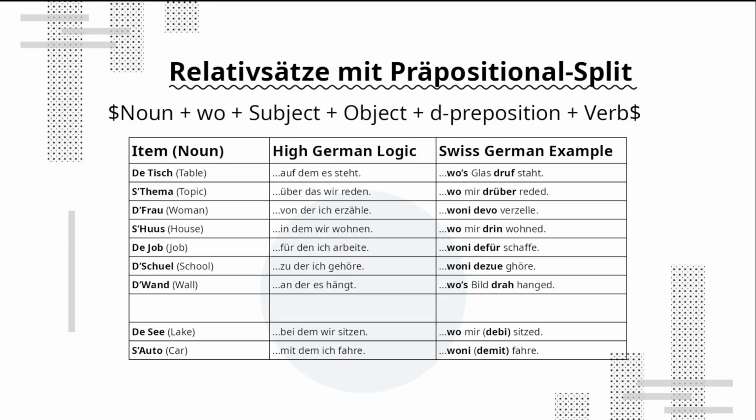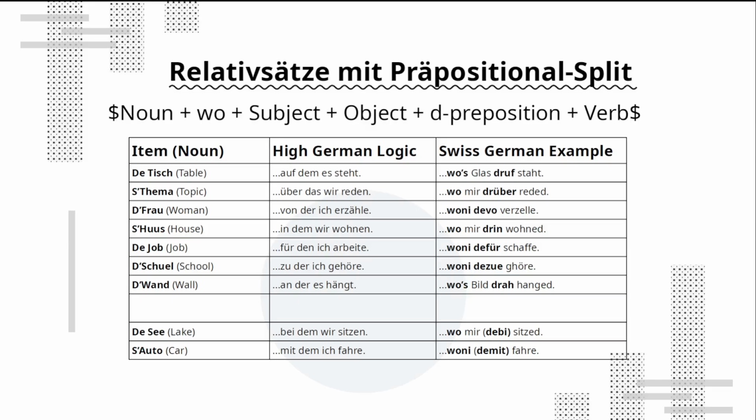Die Frau, woman, von der ich erzähle, wo ich davon erzähle. And here you can cut out the R. You can say verzähle or verzähle, but I usually just use verzähl. Das Haus, so the house, in dem wir wohnen, wo wir drin wohnen.